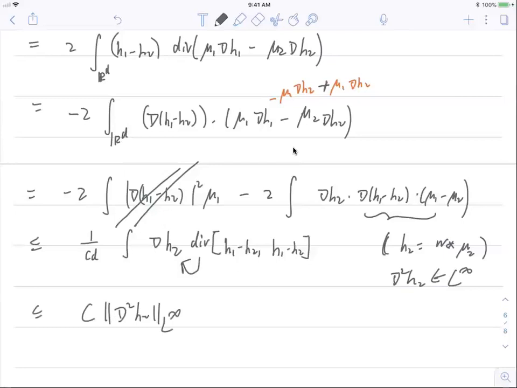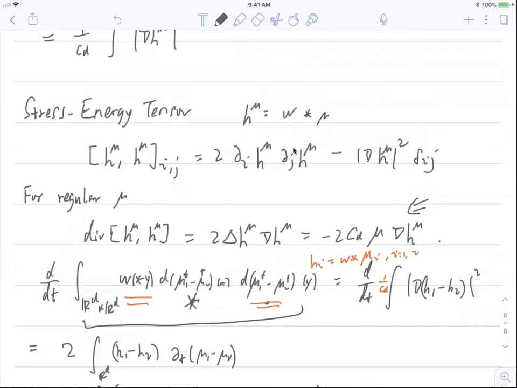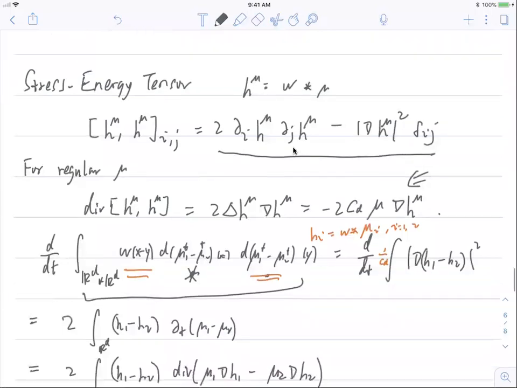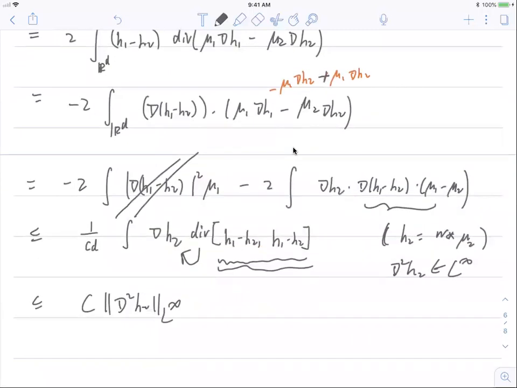So we need to control terms involving H1 and H2 purely in terms of the metric tensor. What's the metric tensor? It's just defined like this, which only involves the first order derivative. Up to a constant, this is just H1 minus H2 squared, right?